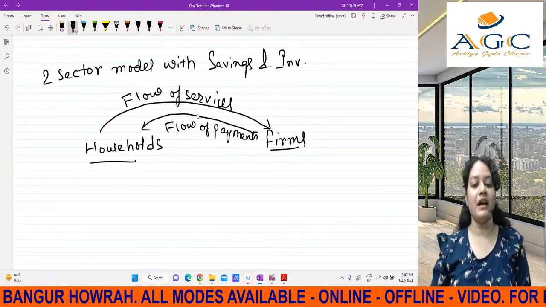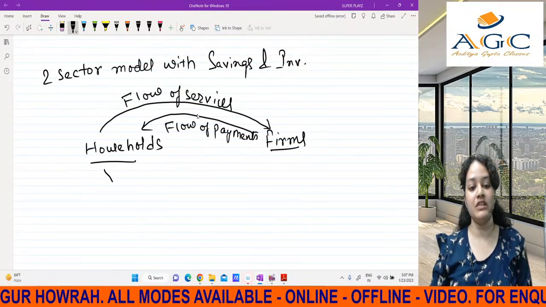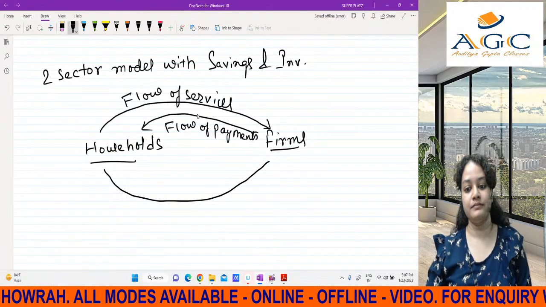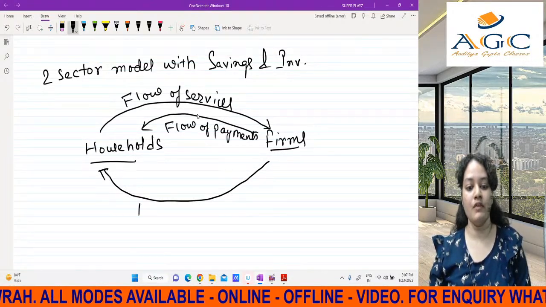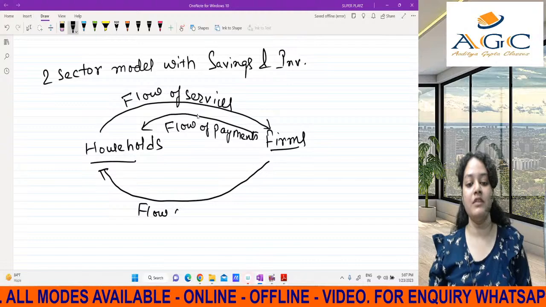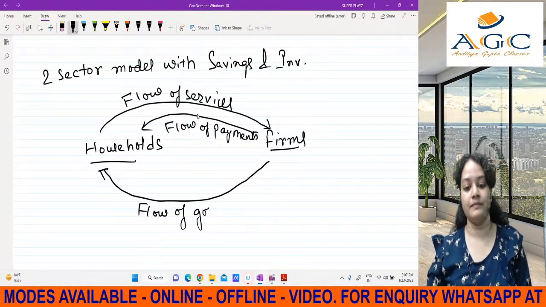Now comes the downward part. We will be buying goods and services from the firms. So flow of goods and services from the firms to the households.